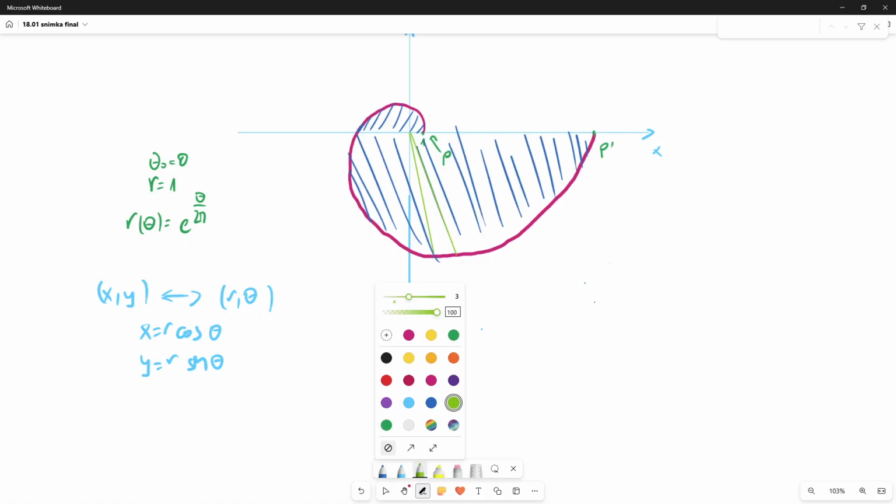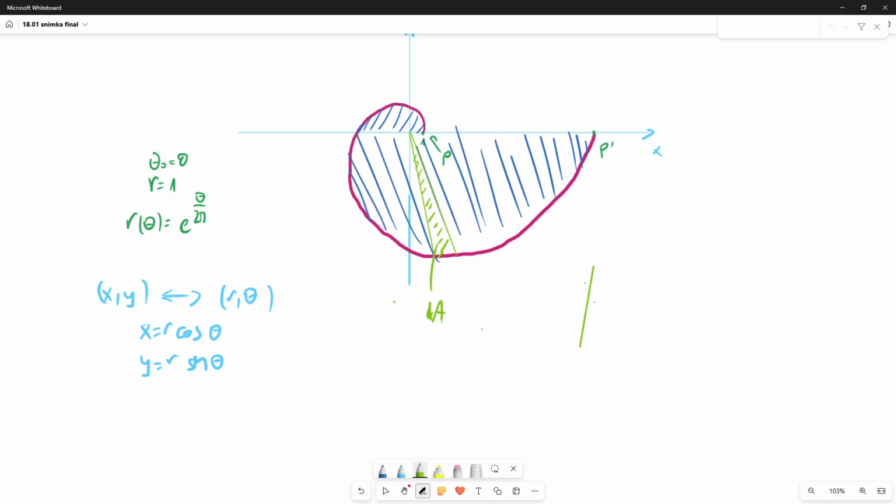We treat it as an infinitesimal segment of the area dA. So our dA looks something like that. It's actually a circular segment. Here is an angle d theta, which is infinitesimal. And here we have the radius of the circle r.